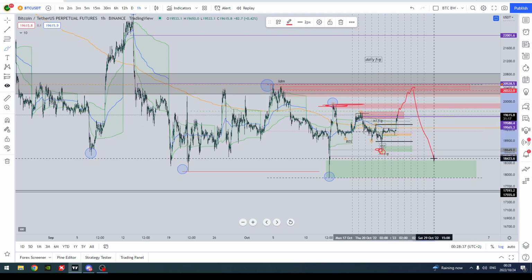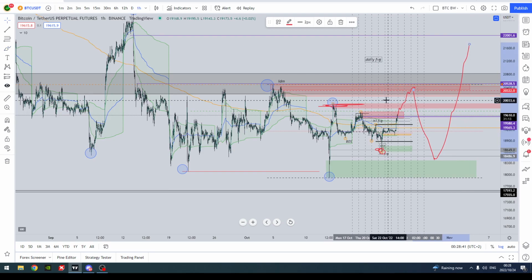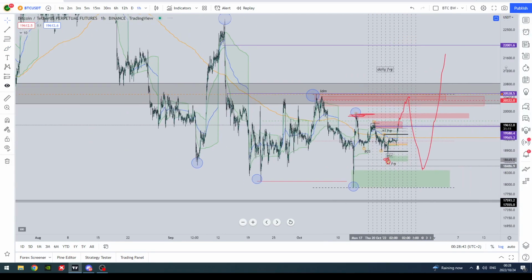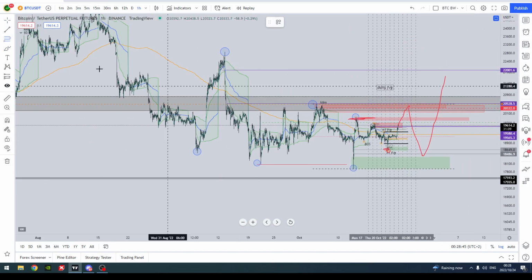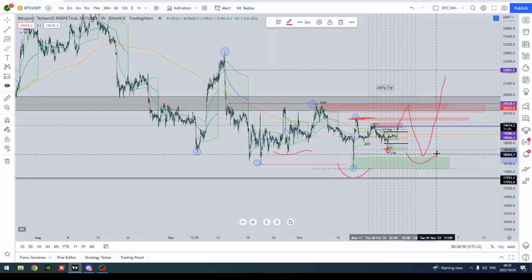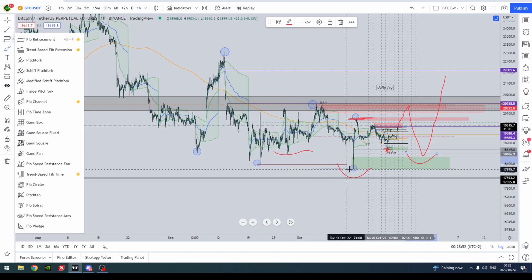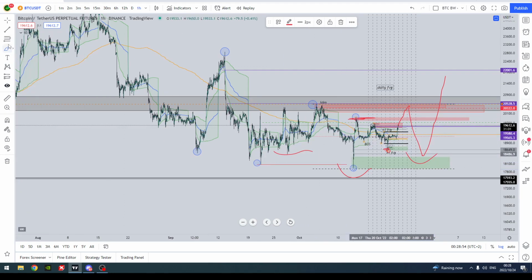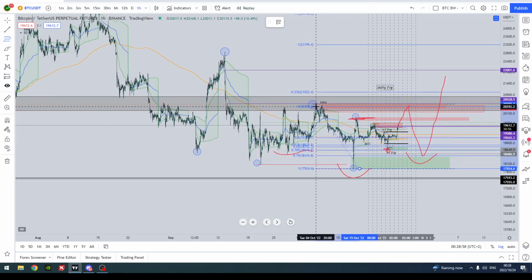Price comes to take it, and then we head up higher. But if that happens, we're going to most likely head up much higher, because what it does give you is an inverse head and shoulders pattern, and a 1:1 extension or projection puts us just above this high here.